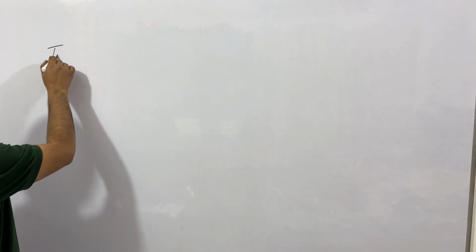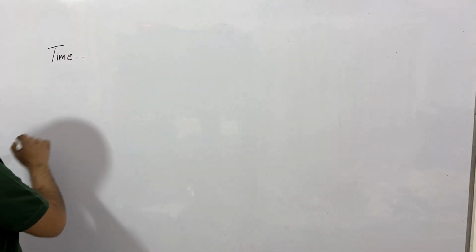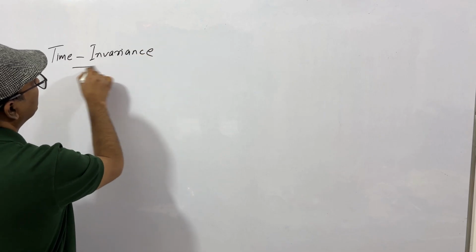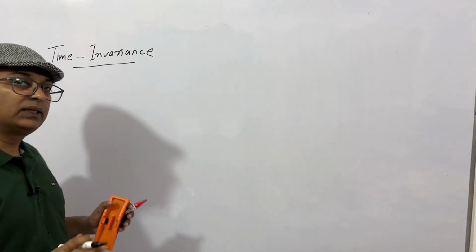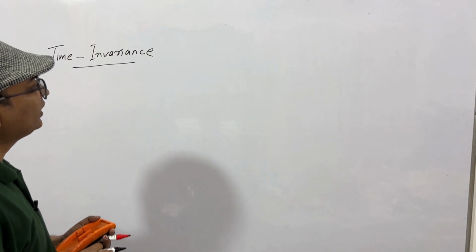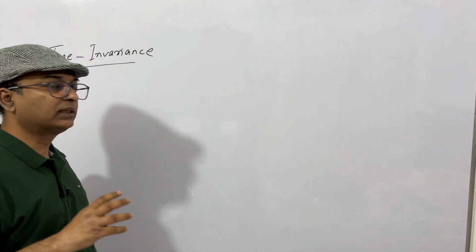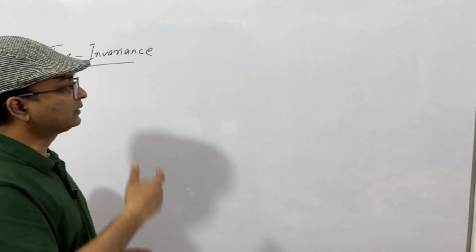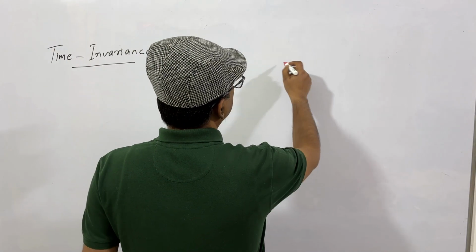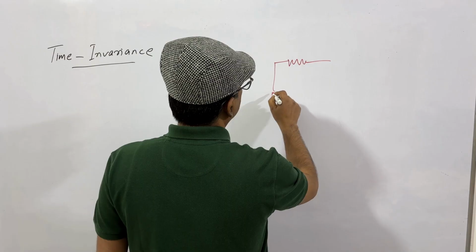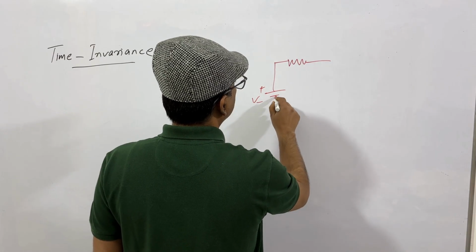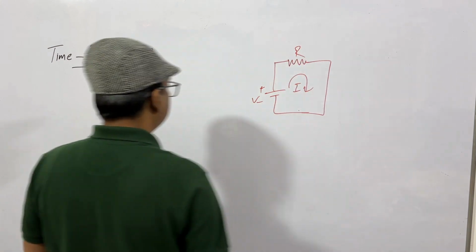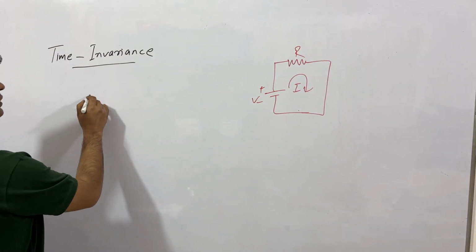One of the most important properties of a system is time invariance. You must understand it very properly. First of all, understand the conceptual meaning of this. Conceptual meaning means that the properties and characteristics of a system should not change with time. Let's say we have this R, this is V, a voltage source, and let's say this is I. What is I?